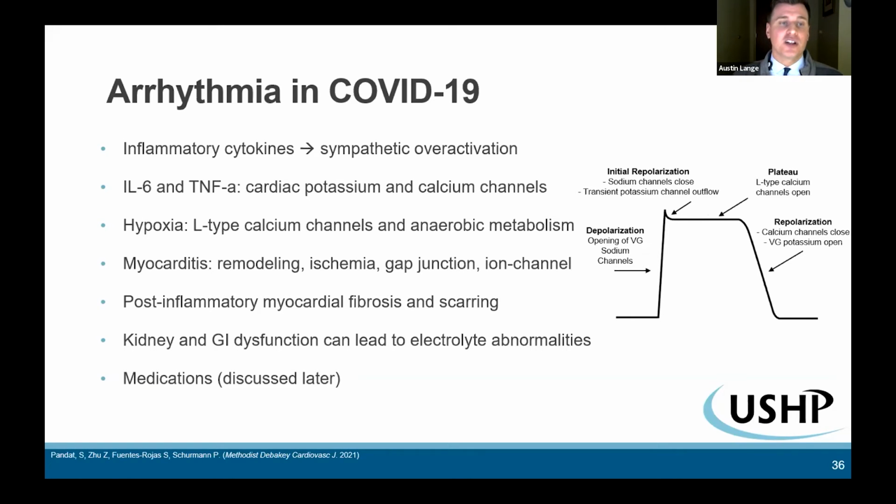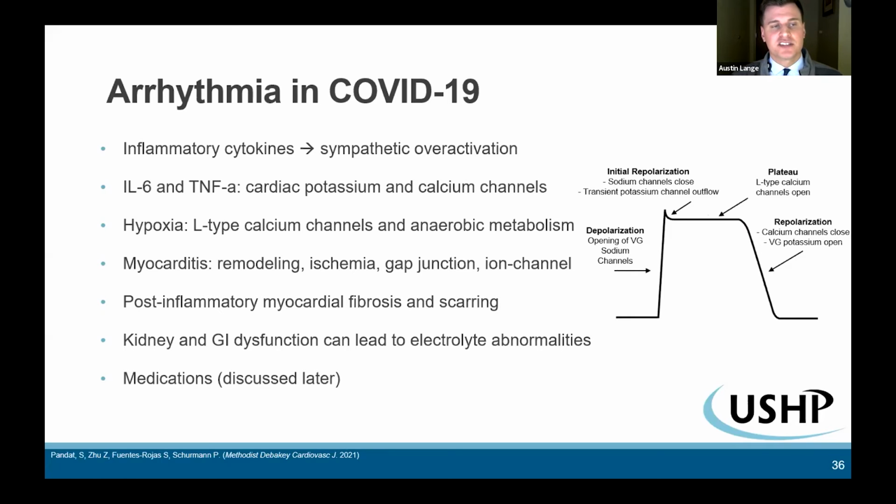Hypoxia can modify L-type calcium channels, which you see on the plateau phase here, and that can pitch the action potential and potentially cause arrhythmia. And COVID-19 itself can also lead to anaerobic metabolism, which reduces intracellular pH, and it can impact action potential duration. So that's another possibility of causing arrhythmia.